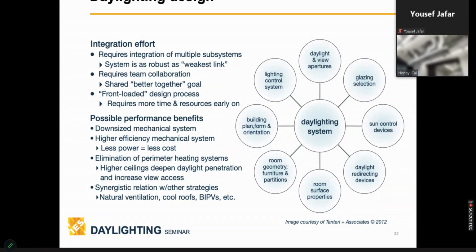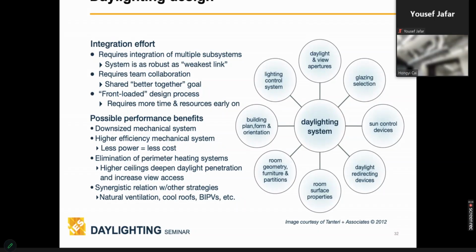Here, possible performance benefits: downsized mechanical systems. If you do the solar heat gain correctly, you will downsize HVAC. Right. Higher efficiency mechanical systems. If you use those more efficient systems, you will use less energy. You can spend less.